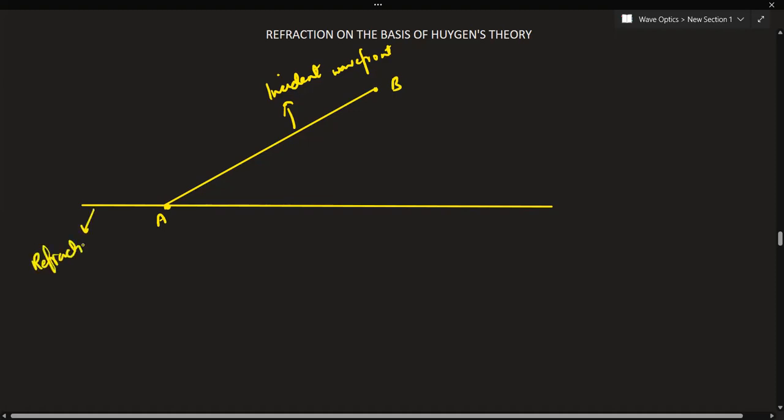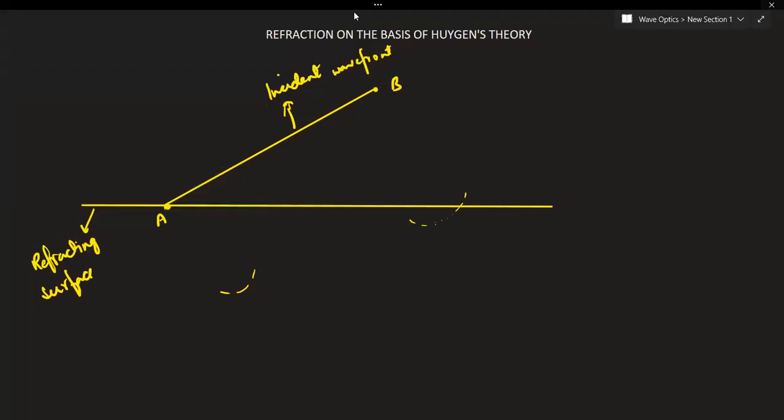This is a refracting surface. Previously, that was a plane mirror, which was a reflecting surface. Now this is a refracting surface. Let's say for A, I have this secondary wavelet, and for B, I have this. Since this is far away from it and this is closer to it, I'll be getting somewhat this kind.